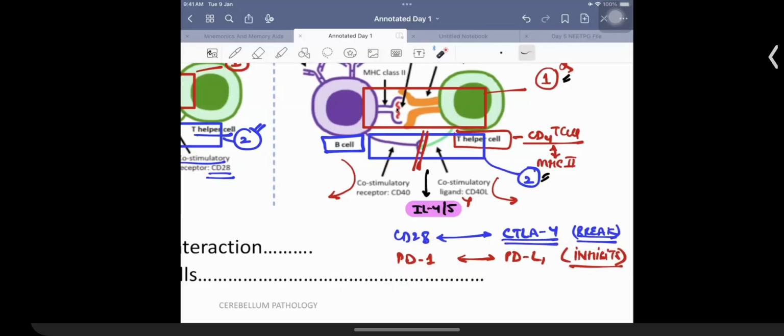So that is why cancer cells are able to survive. So the pharma correlation: all of you know that pembrolizumab and nivolumab are examples of drugs which are responsible for inhibiting this interaction. So they will not be able to break the immune checkpoint. Right? That's what you need to keep in mind.